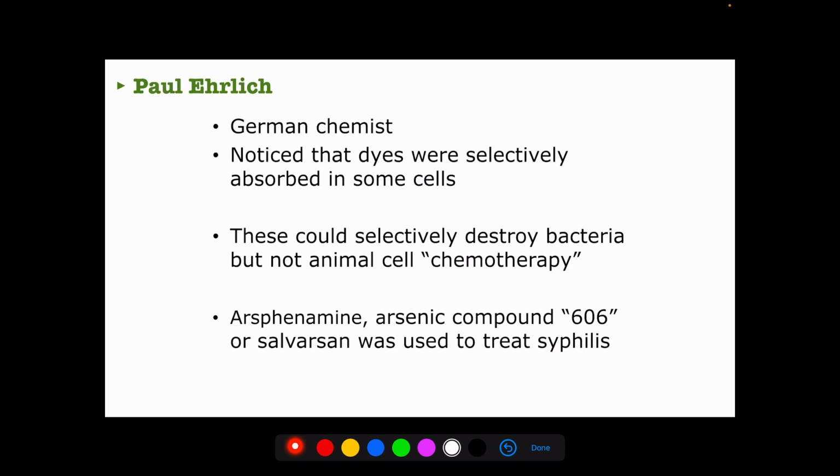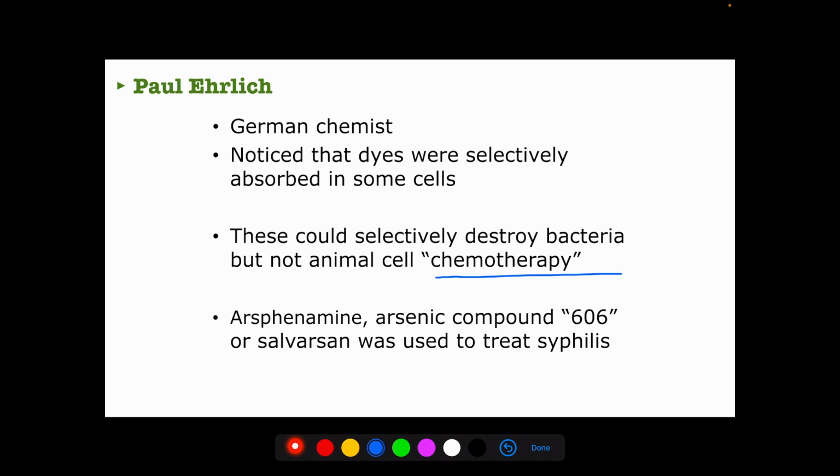Now, another scientist was Paul Ehrlich, who was a German chemist, and he noticed that dyes were selectively absorbed in some cells, and these could selectively destroy bacteria but not animal cells, which we now use as chemotherapy.